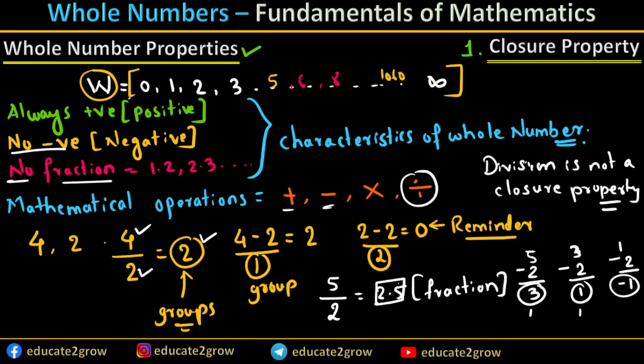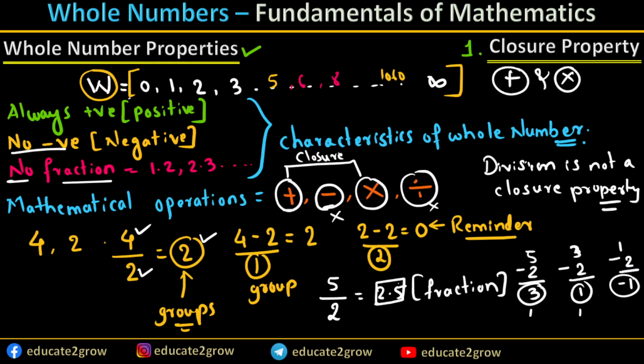Now we understood only addition and multiplication, only these 2 arithmetic operations are part of the closure property. Okay, now let us go to the next property, that is the commutative property. Okay, let's understand that one.